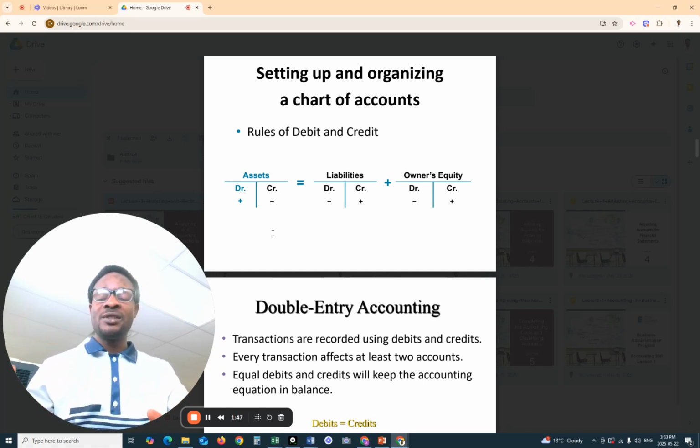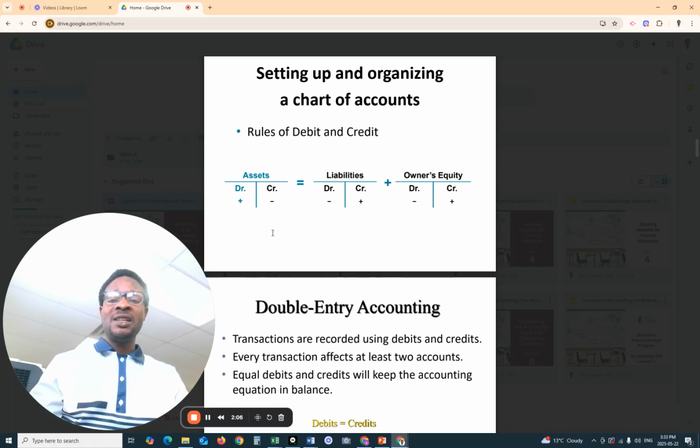Assets are resources or items of economic value that are owned by a business or owed to the business. Liabilities are debts of a business to third parties, that's to outsiders, obligations of a firm to outsiders. Then equity is the owner's stake in the business.